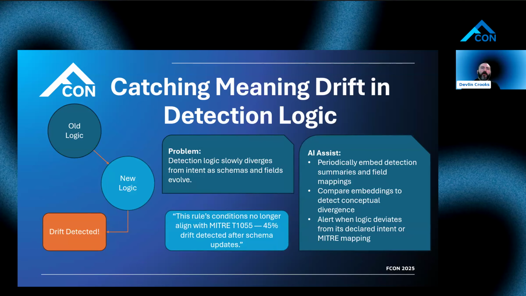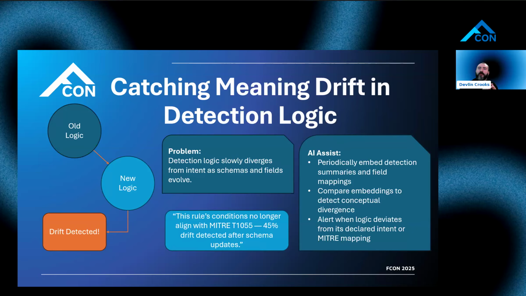Over time, your old logic goes against your testing requirements, your validation, but over months, years, the tuning slowly diverges from its intent. What we want is to have embedding comparisons quantify semantic drift the way version control tracks code drift.